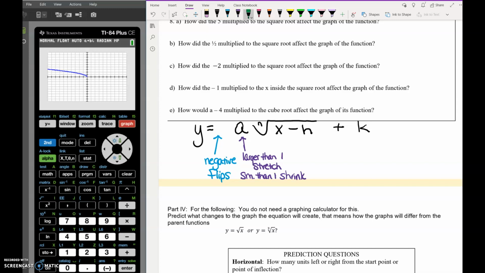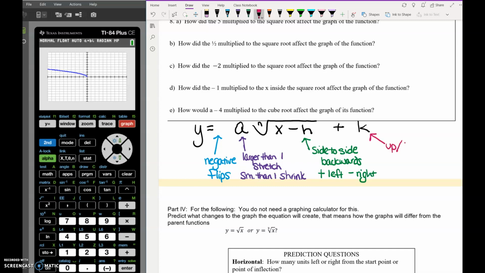The minus h under the radical, this is the side-to-side horizontal movement, and it is backwards. So plus means left, and minus means right. And finally, k is the vertical.